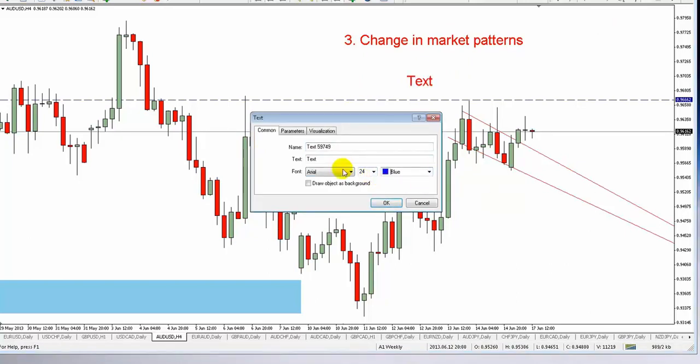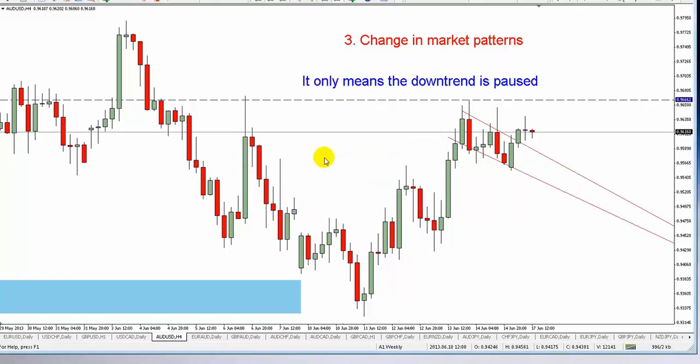Just because it's a change in market pattern doesn't mean it's an uptrend. It only means the downtrend is, how do we say, paused, okay? And that's the case with all of these things that we've talked about today. We talked about the price action triggers, the naked Forex patterns.